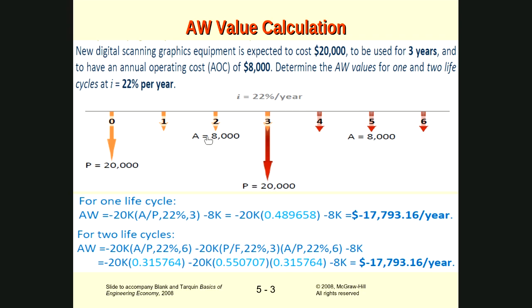What we used to do in the annual, when we have a value in the middle, even on year 1 or year 2, is return it to year 0 and then find the annual for the whole cash flow. Or you move it to the future, to the end of the cash flow, and then find the annual from year 6 back to the cash flow.